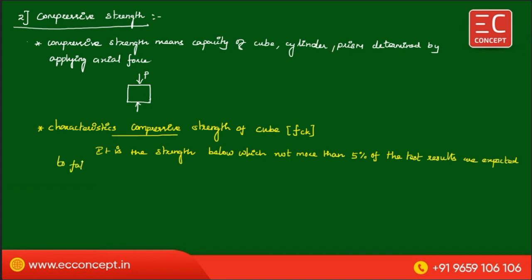Expected to fall. What is the meaning? Characteristic compressive strength means it is a strength below which not more than 5% of test results are expected to fall.